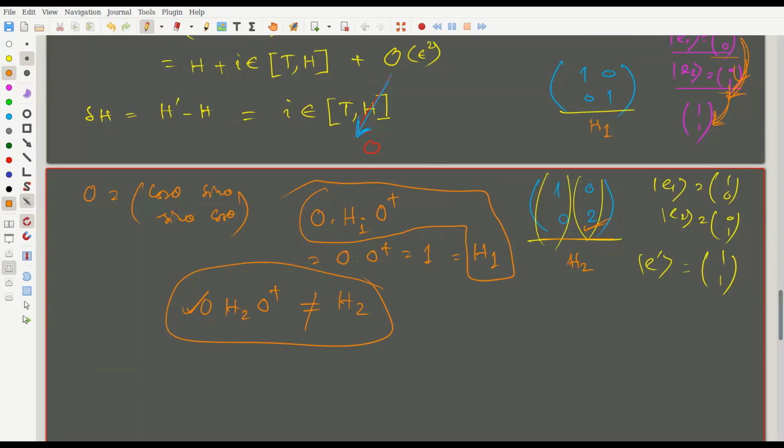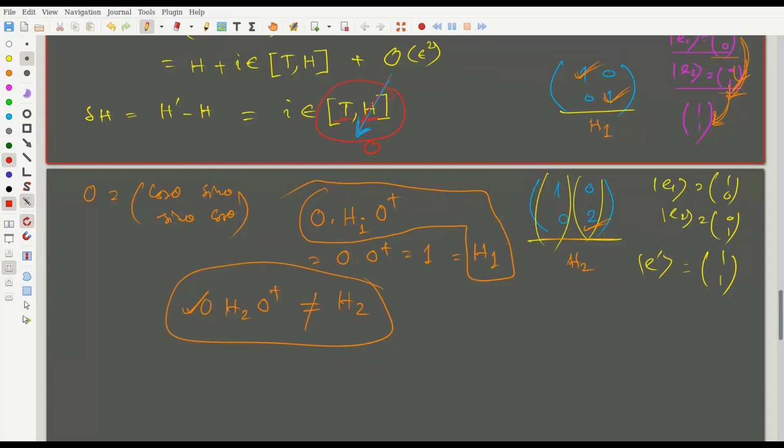And you will find the same type of problem when you try to find eigenvectors in cases when there are degenerate eigenvalues. So here you see there are degenerate eigenvalues, and this degeneracy comes from symmetry. You can look at it this way: if the commutator of T and H is equal to 0, then T and H should have the same eigenstates.